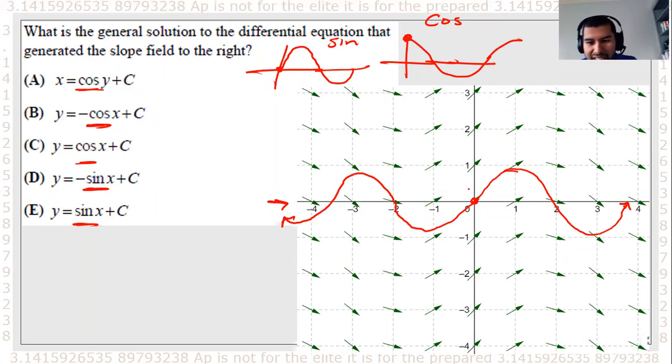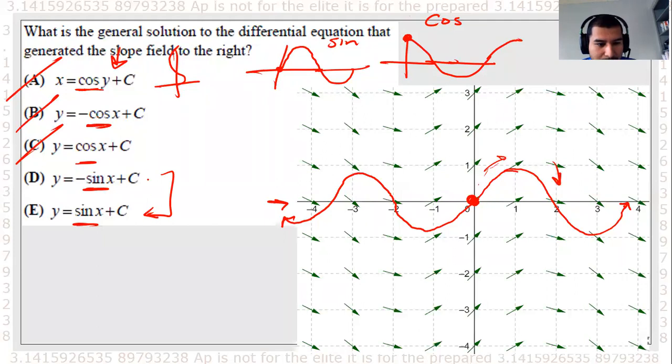But hopefully we can see that it passed through the midline, then it increased, right? So hopefully we can see that this is not cosine at all. And in fact, this one has a variable y, so that would be a vertical cosine, and that was not something we had. So we're left with these two.